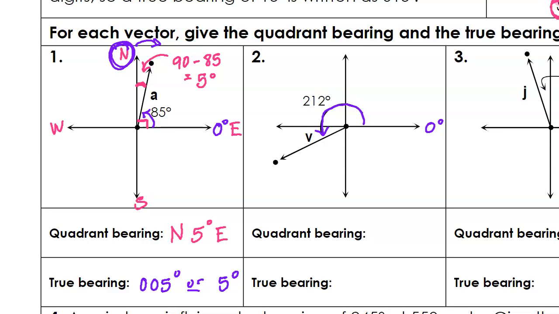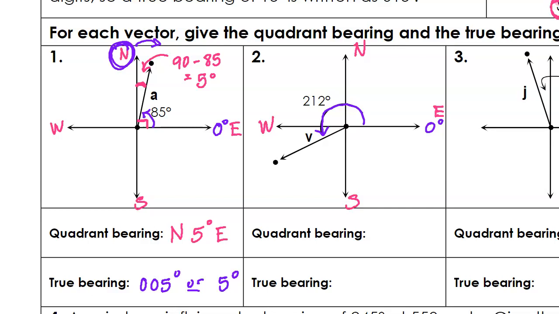All right, let's look at 2. This one's just slightly more tricky. First, I'm going to find the quadrant bearing, and I'm going to label my compass north, south, east, west.